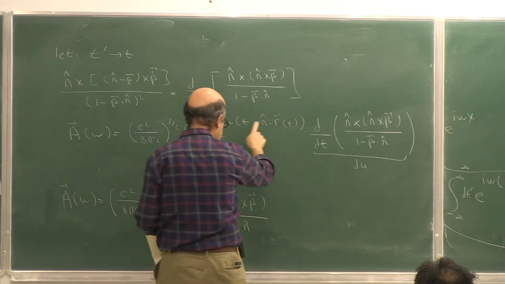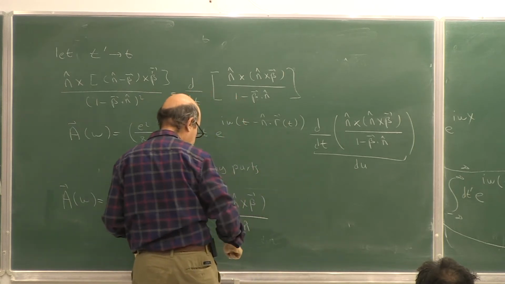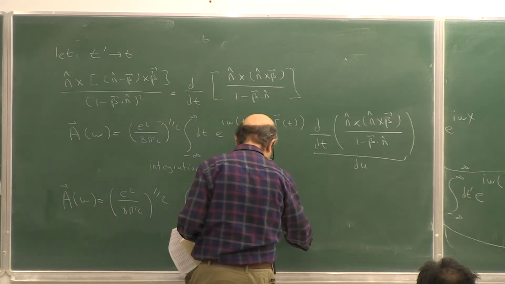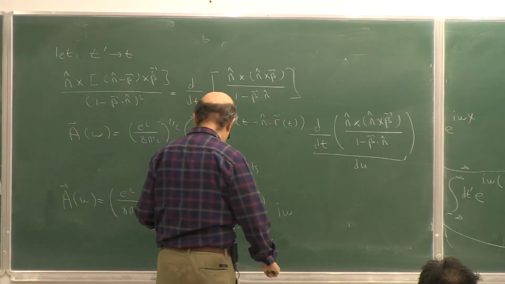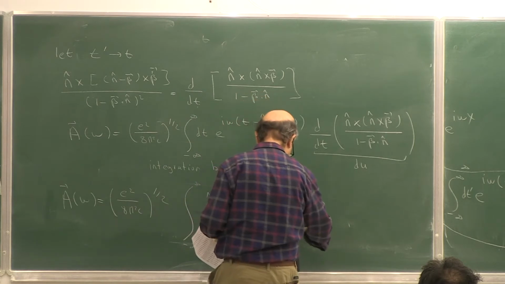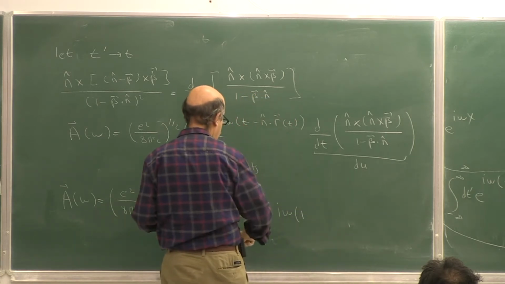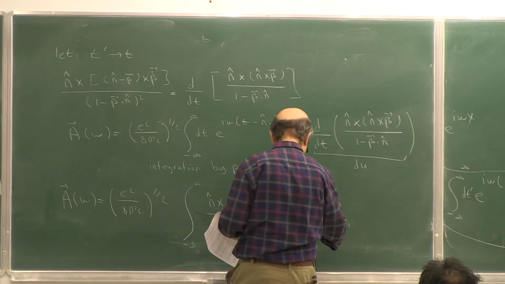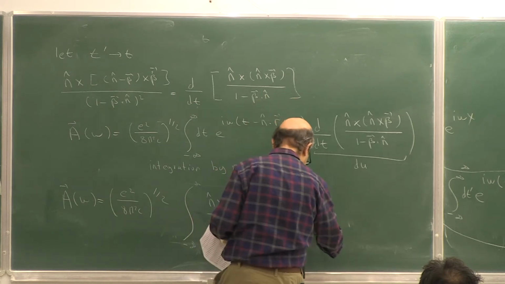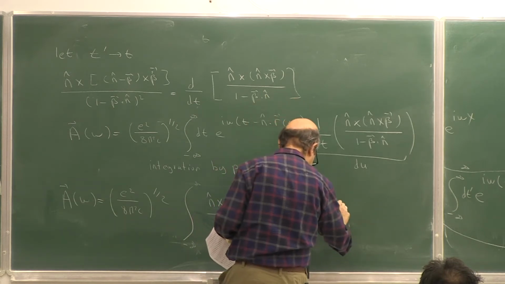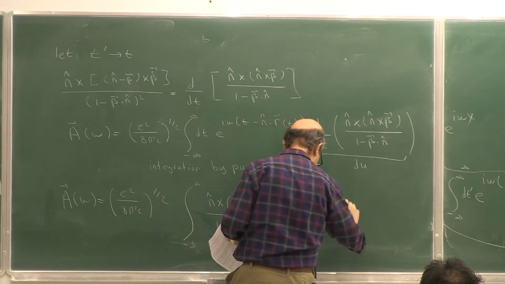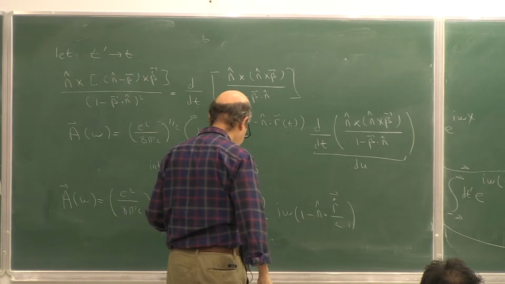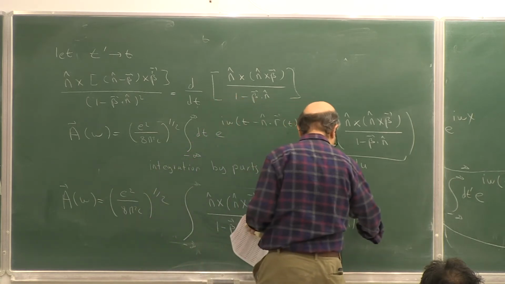If you take the derivative with respect to time, what are you going to obtain? i omega times 1 minus n dot r dot over c times dt.